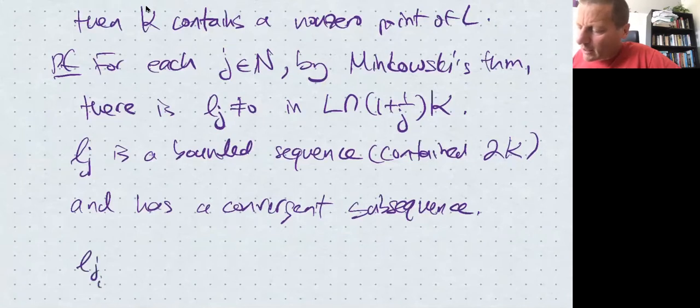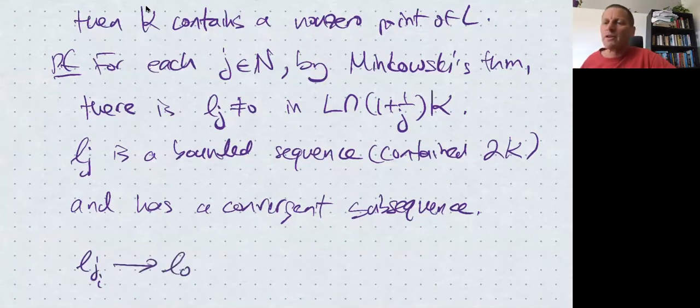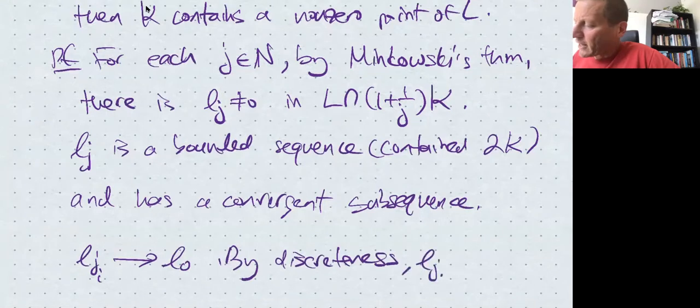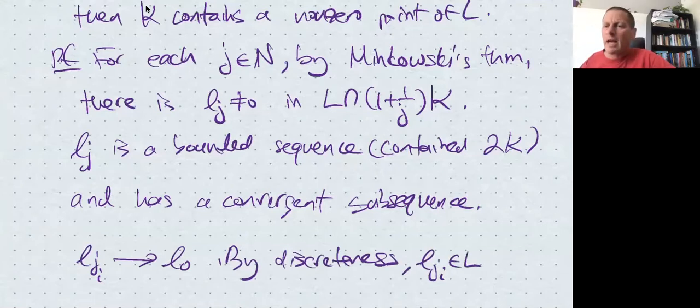Lji converges to some L0. By discreteness, Lji is in L, so a limit of elements of L has to lie in L.